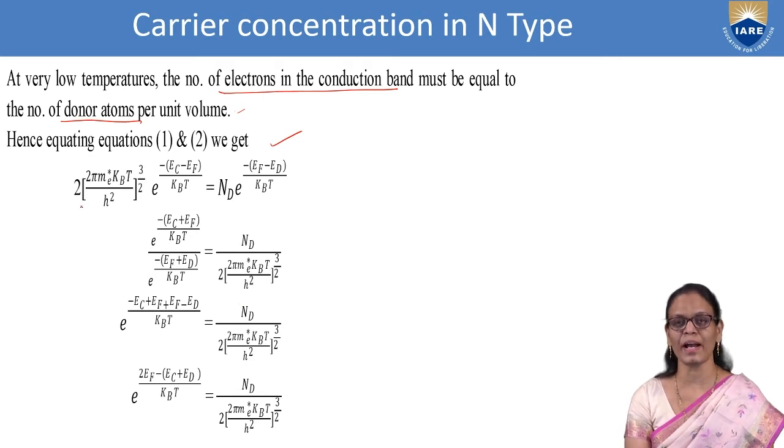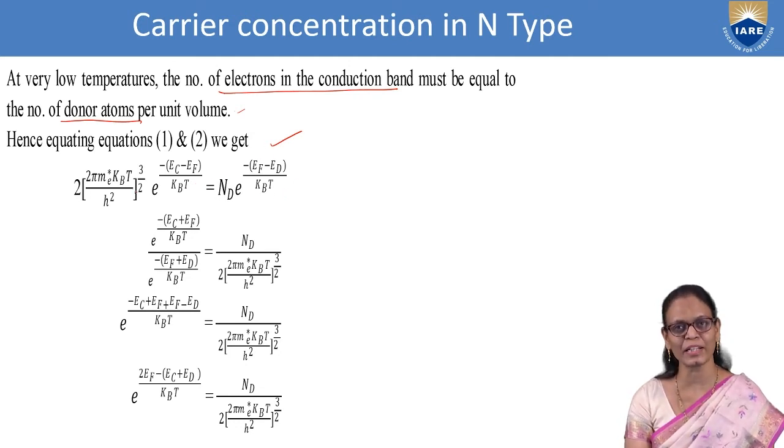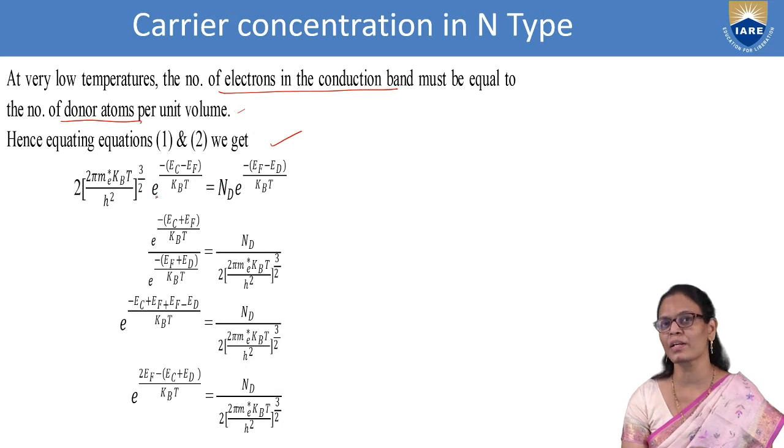So from 1 we have 2 into (2 pi me star kBT by h square) power 3 by 2 e power minus (Ec minus Ef) by kBT is equal to Nd e power minus (Ef minus Ed) by kBT. This is coming from the donor concentration. Now we are going to simplify these two and we are going to get the Ef.